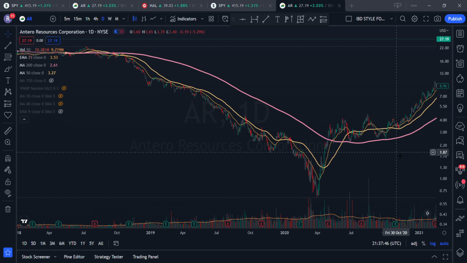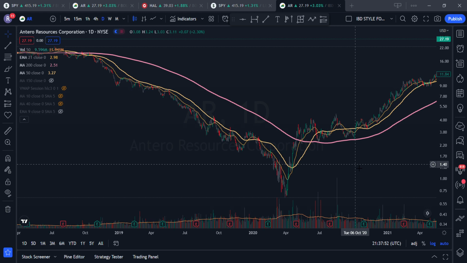So different people use different methodologies. I'll not go too much into the buying and selling of the stock, but there are certain characteristics, certain formations, in how the price behaves when a stock is moving up and when a stock is coming down.